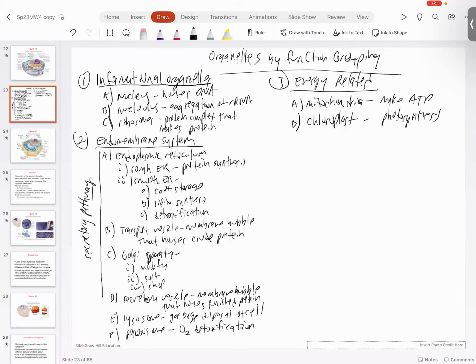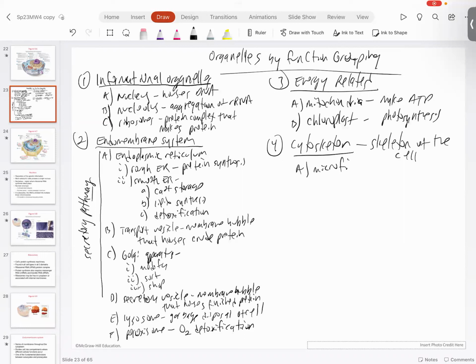And then the last one is your cytoskeleton, which is basically the skeleton of the cell. You have 3 major fibers.